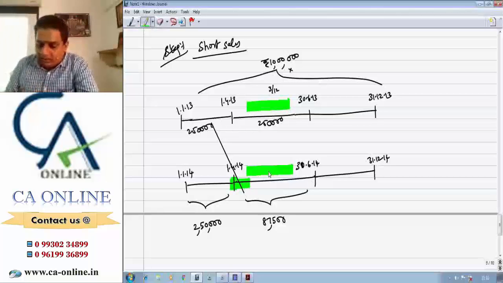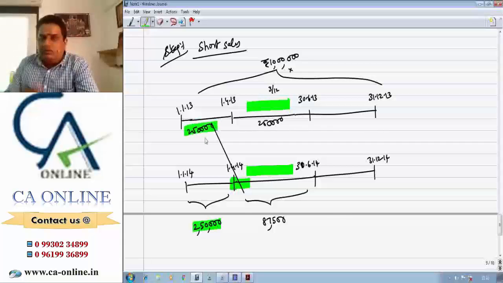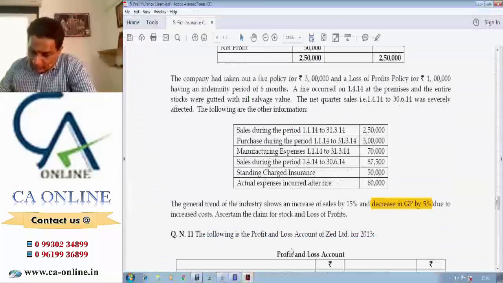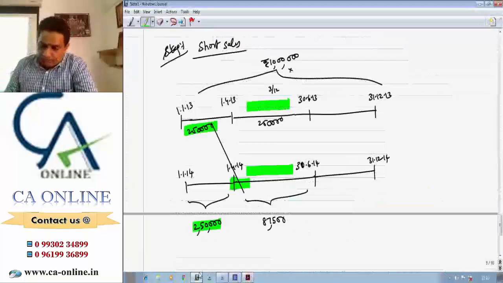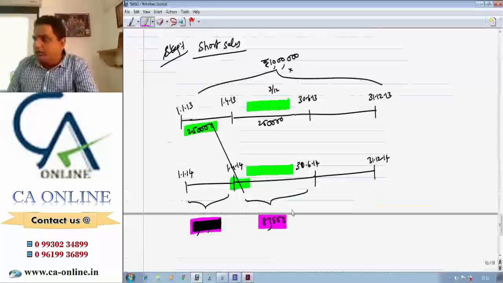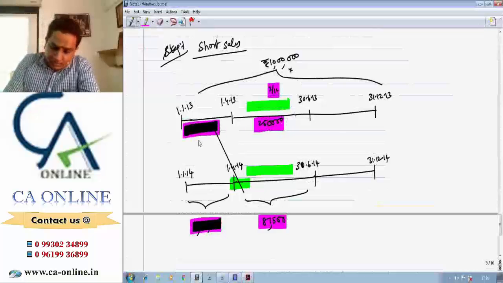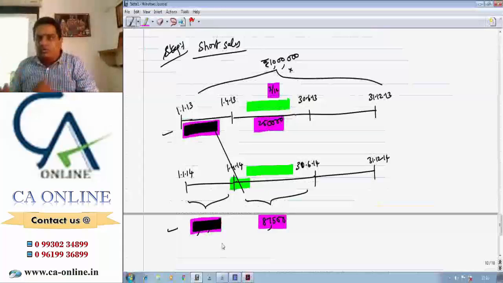That means if sales were 2,50,000 and last year also by the same time it was 2,50,000, how can we tell there is an increase in sales in the current year by 15%? Can you understand? This is a fact given in the problem, you cannot change. But the assumption which we are making, that sale is evenly spread, creates a problem. 10 lakhs into 3 by 12, you are taking for this period 2,50,000. Indirectly you are taking this period also 2,50,000. When compared to last year, during the current year sales increased by 15%, how will we tell?